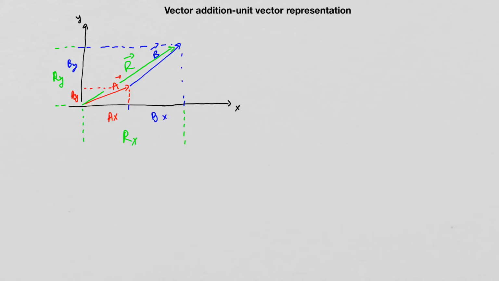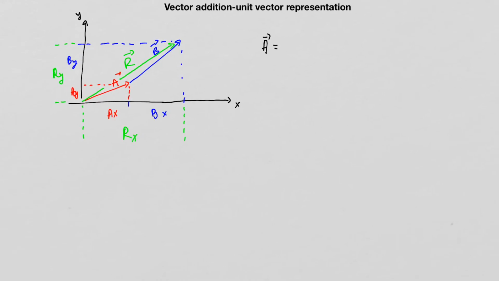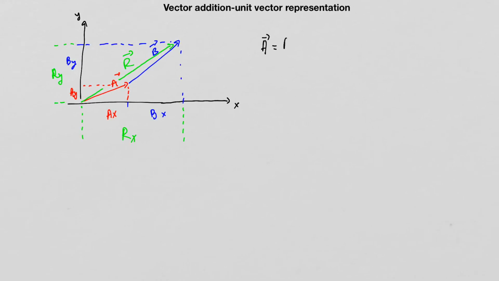Now let's look at the unit vector representation of the vectors and how we add them together to get that result. So A is equal to ax i-hat plus ay j-hat, and B is equal to bx i-hat plus by j-hat.